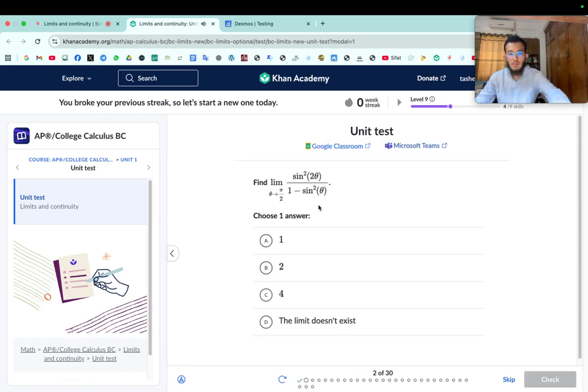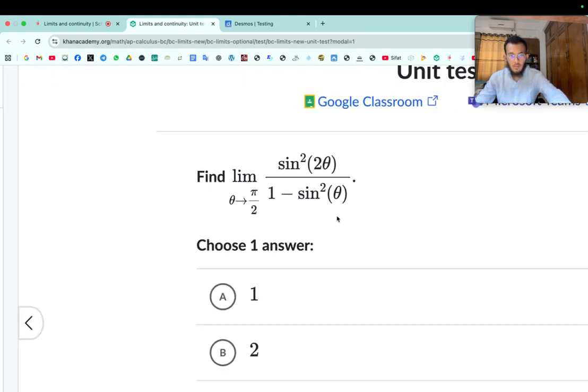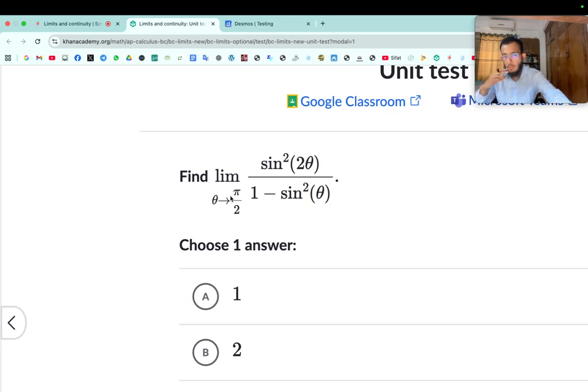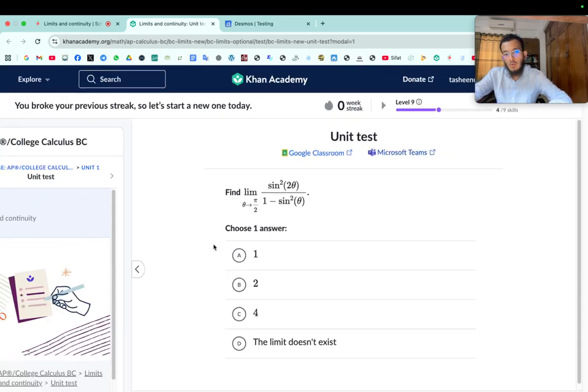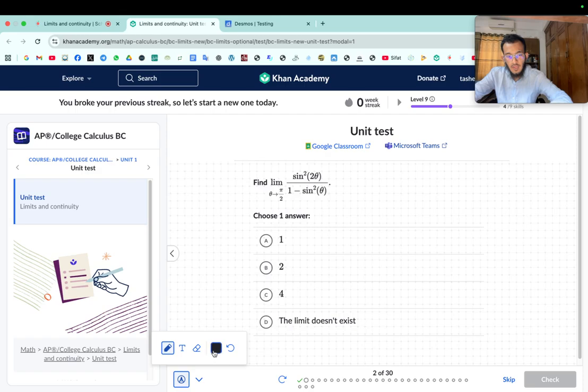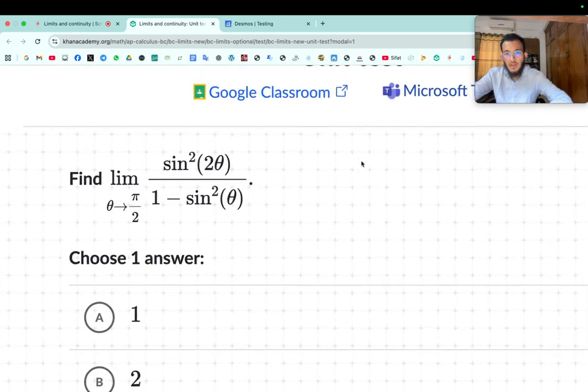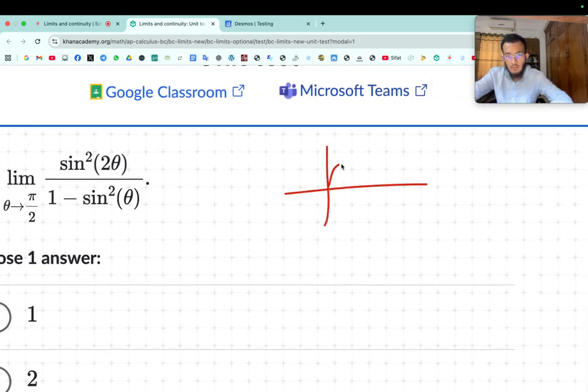All right. So find the limit of this as x tends to pi by 2. We have to draw the graph of sine in order to understand its value. So this is 0, this is pi, this is 2 pi, and this is pi by 2.